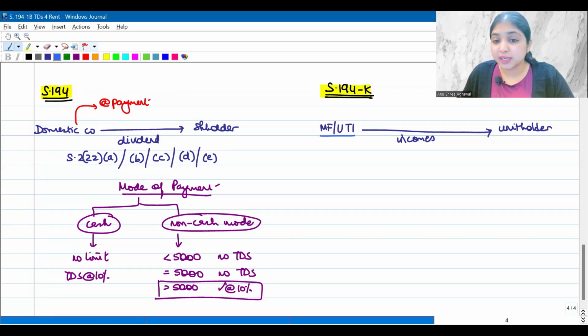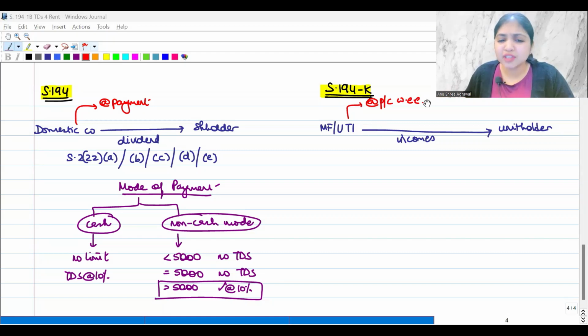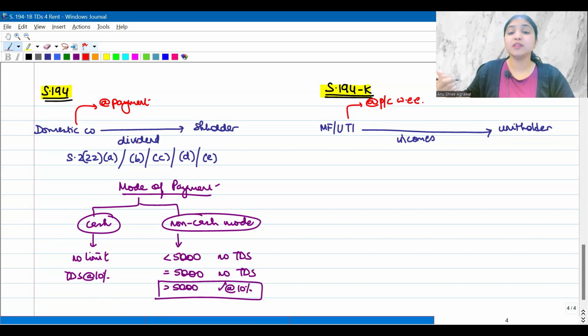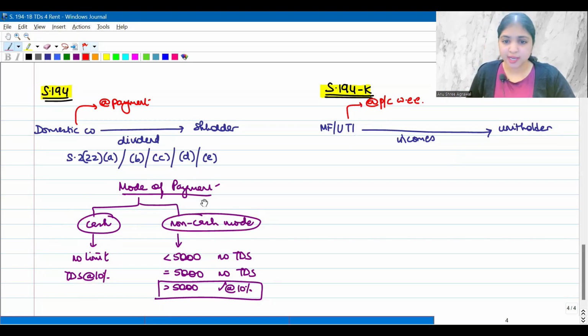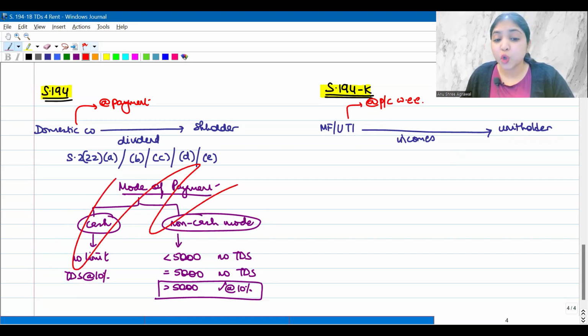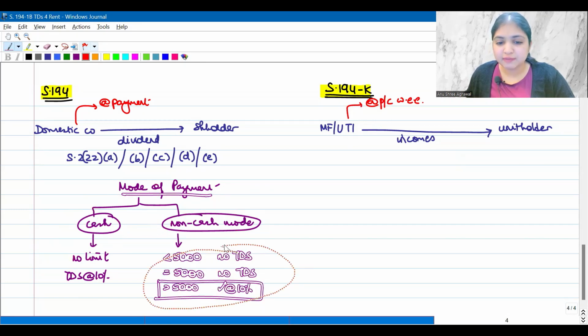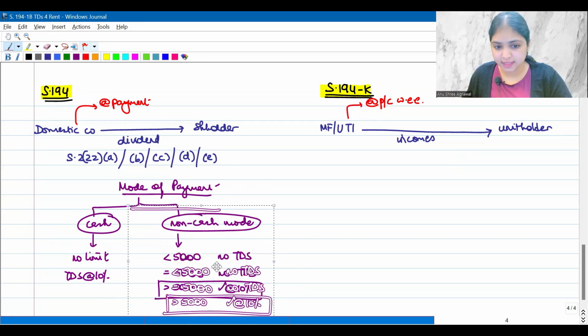So mutual fund or UTI will deduct tax at source at the time of payment or credit, whichever is earlier. Here we don't have this concept of mode of payment at all, because mutual fund or UTI will anyways not pay this income in cash mode. It will anyways be in non-cash mode only. So we don't even have to talk about the mode of payment. I'll straight away put the same thing over here once again.